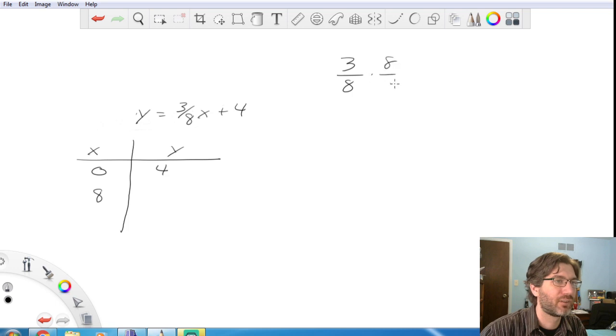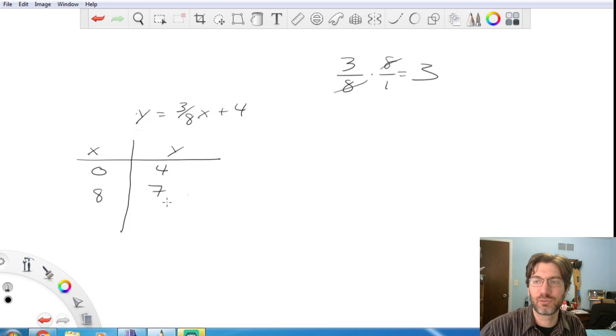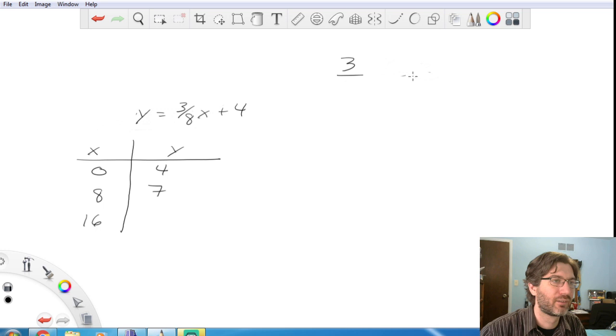3/8 times 8 over 1 equals 3. It's just going to cancel those out. And then 3 plus 4 gives you 7. So you get nice values for them if you pick your multiples of your denominator. The other one would be 16. 16 would be a great one to pick because then you're going to get 3/8 times 16 over 1, and these will cancel out, 1 and 2, and you get 6.